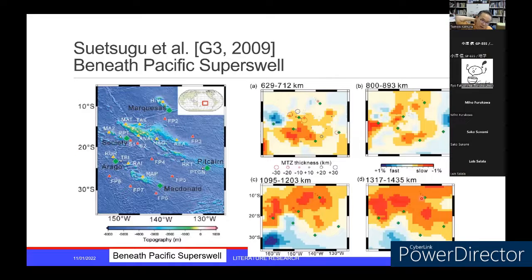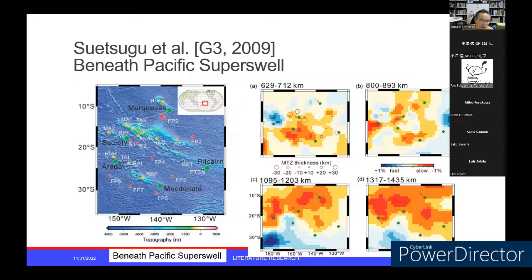Finally, Suetsugu et al. 2009, they studied the velocity structure beneath the Pacific superswell. The Pacific superswell is the region where the ocean floor is raised by up to 1,000 meters. It is located around here, in the South Pacific, near the East Pacific Rise.